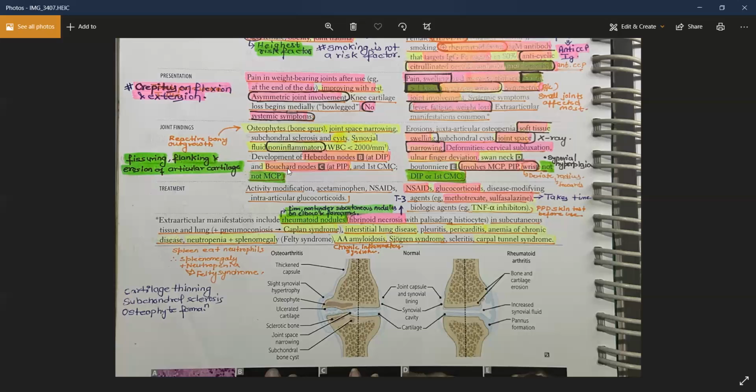In osteoarthritis, we will have DIP involvement, which is never seen in rheumatoid arthritis. DIP only in osteoarthritis, while the PIP is involved in both osteoarthritis as well as rheumatoid arthritis. MCP only for rheumatoid, not for osteoarthritis. So these are the joint findings.